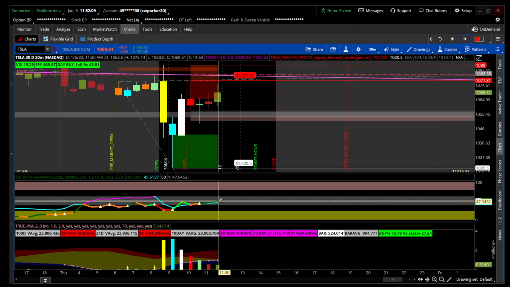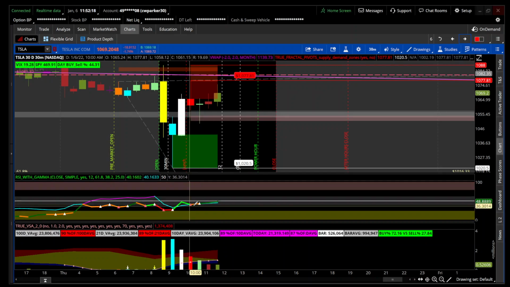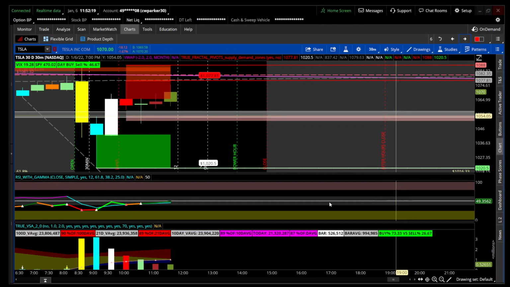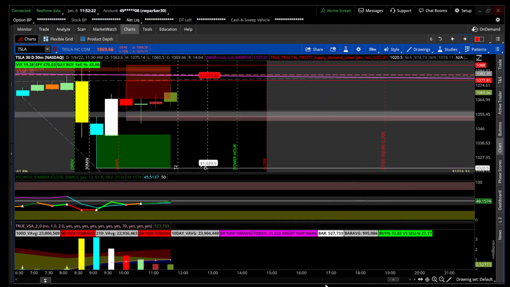And for me, that's a negative indicator because the RSI is rising too. So we're going to see which one breaks 50. Gamma is at 45, RSI is at 49. So we're looking for RSI to break above 50 and gamma to break lower.